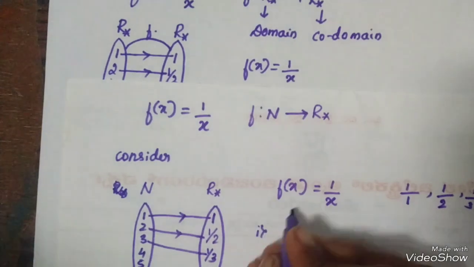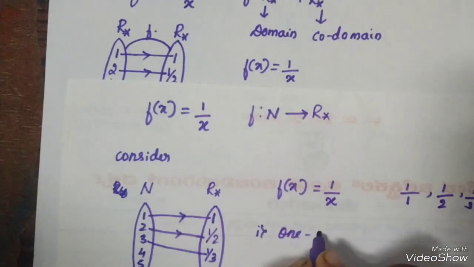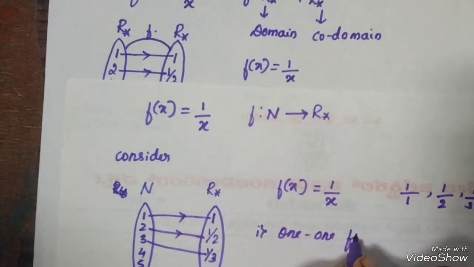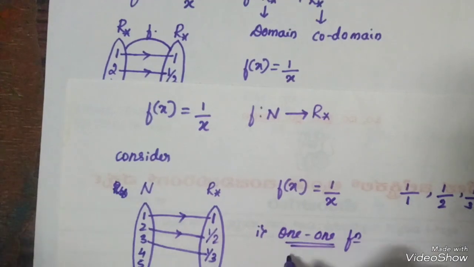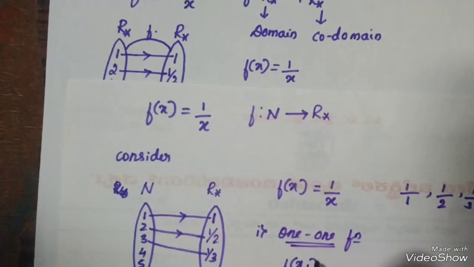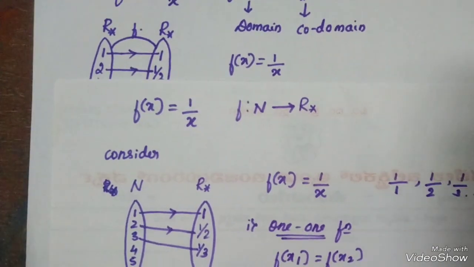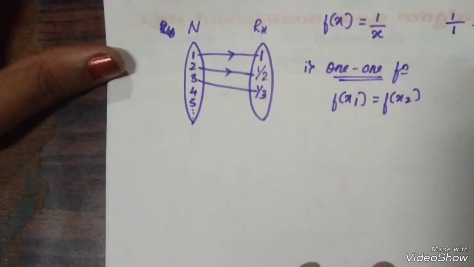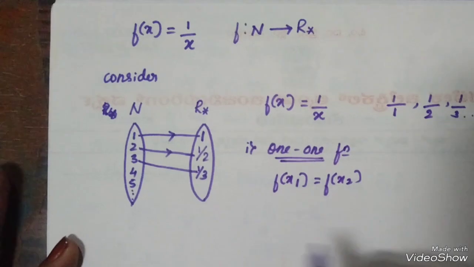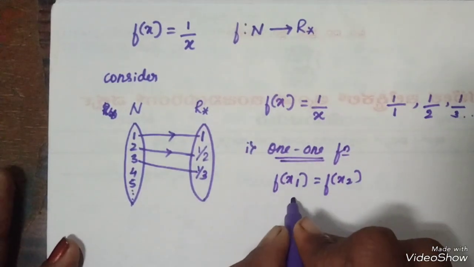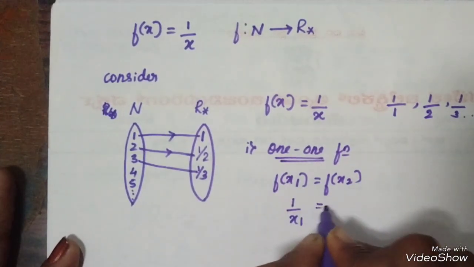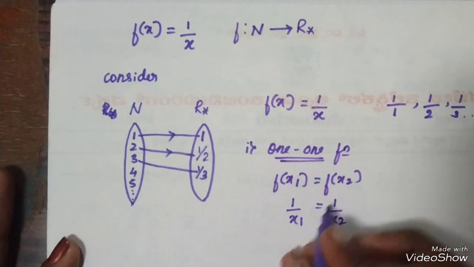Hence it is a 1-1 function. Let us take f of x1 is equal to f of x2. Again, f of x1 means 1 by x1, and 1 by x2.